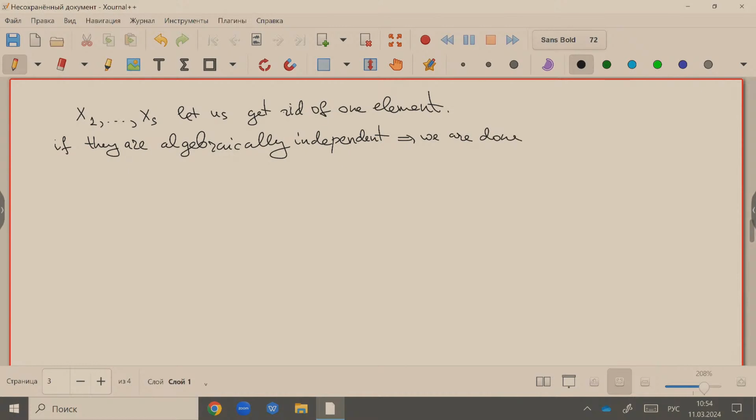Yes, because this is precisely the system. So we shall get rid of one element.